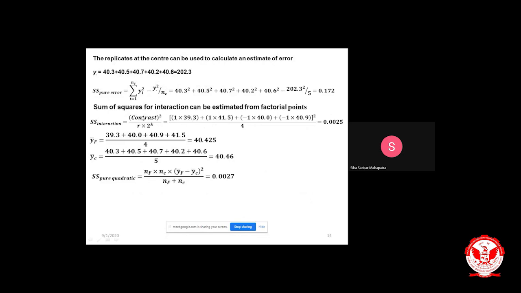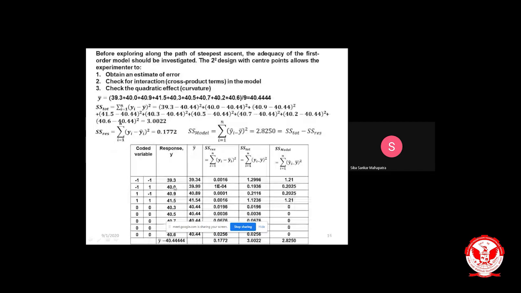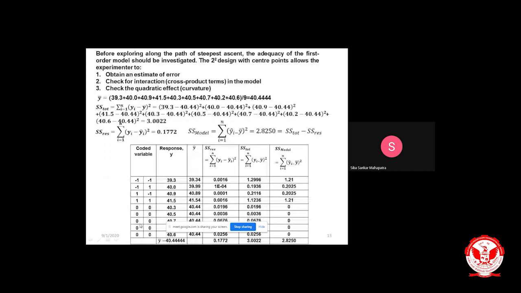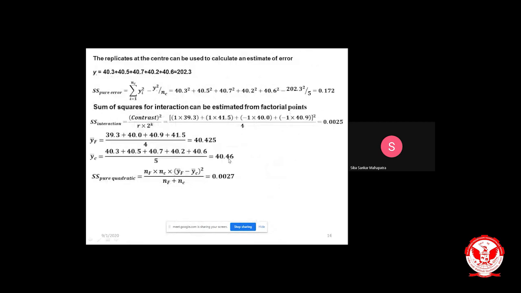So contrast square divided by 4 to the power 2, with r equal to 1. So we got the sum of the square for the interaction as 0.0025. Then take the average of the factorial points. Factorial points are the first 4 points: 1, 2, 3, 4. Y bar C is the average of the center points, these 5 points, which is 40.46.